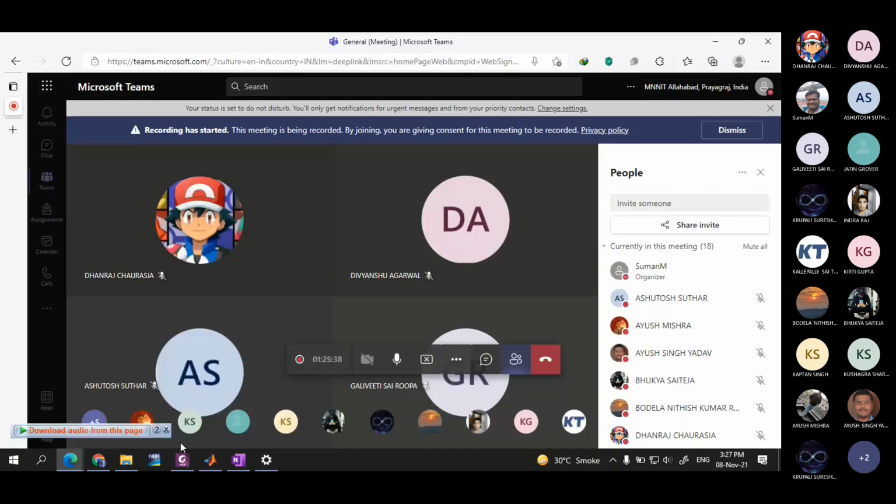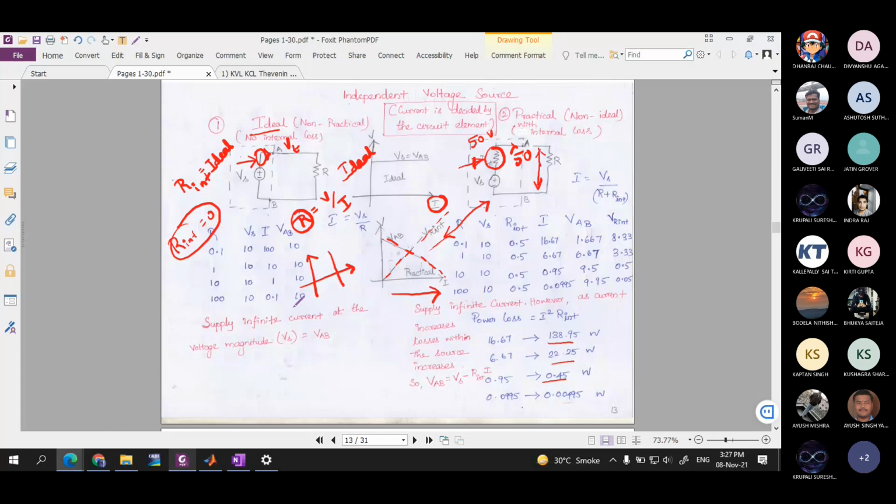Yes, sir. So let us find the slope for this plot. R internal can be found using the slope. So here you just find the slope. Let us consider this is V1, V2, and this is I1, I2.